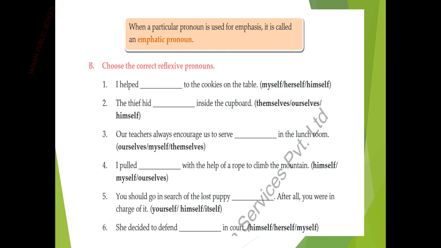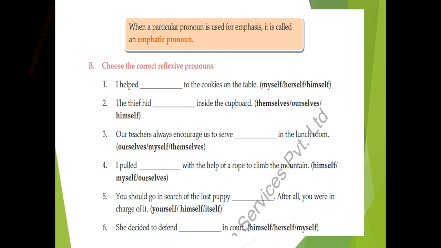Number 2. The thief hid dash inside the cupboard. In the sentence, the thief is the name of a person, which is called a noun, and it is the subject, which is a male. So instead of the thief, you should use the reflexive pronoun himself. The thief hid himself inside the cupboard.